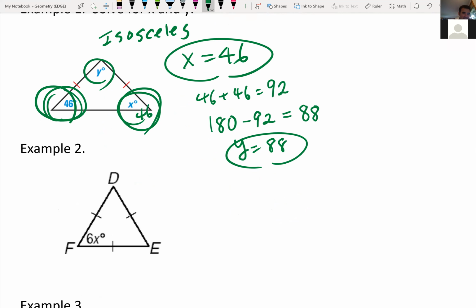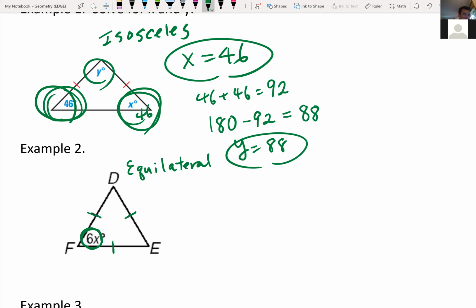This one, you see the marking, 3 markings. So it better be equilateral triangle. Okay. Now we need to solve for x, and it's about the angle measurement.